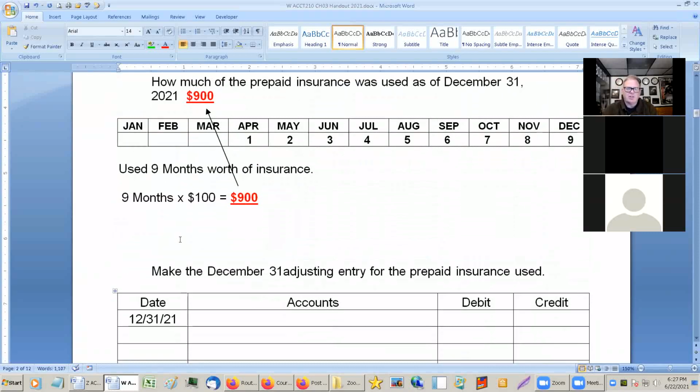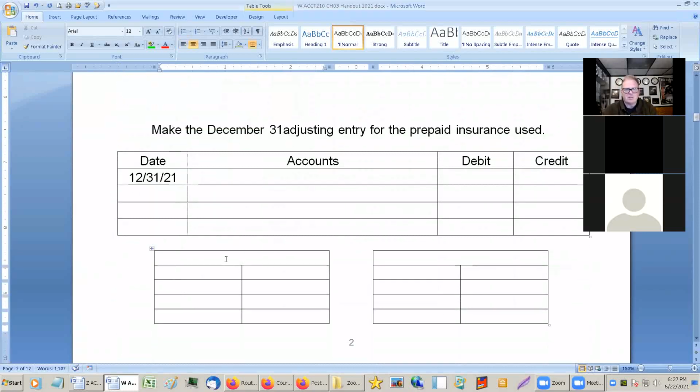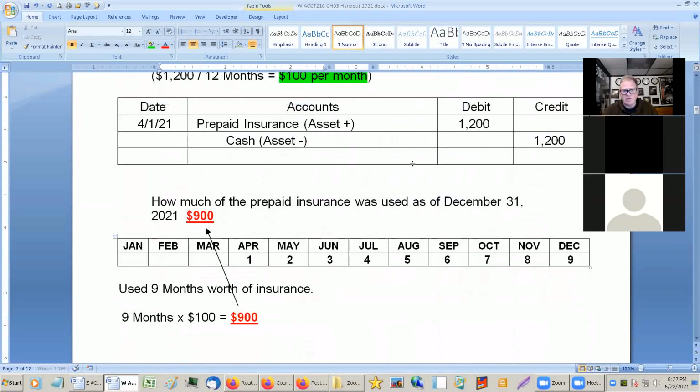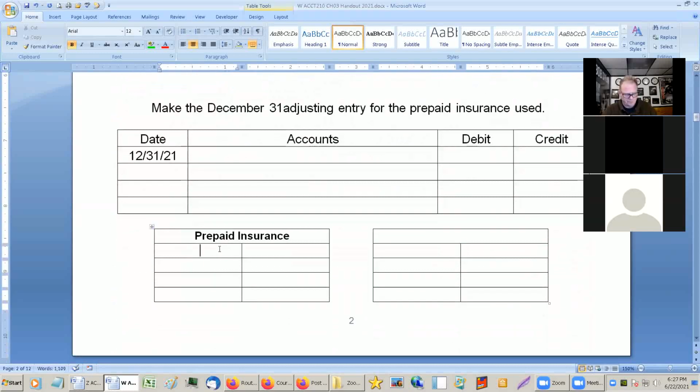So we have to make a journal entry. Now notice that we have this sitting in our accounts. Our prepaid insurance account, we had what, 1,200?